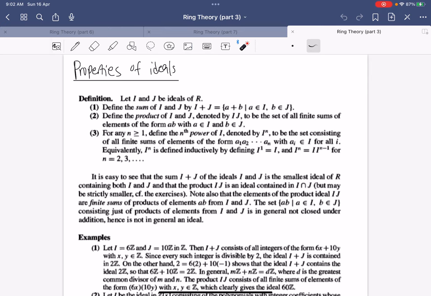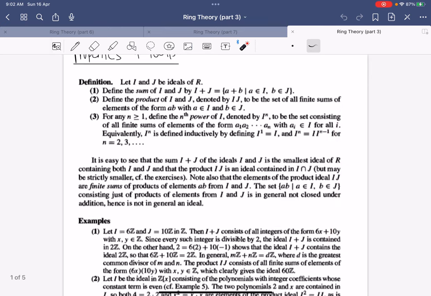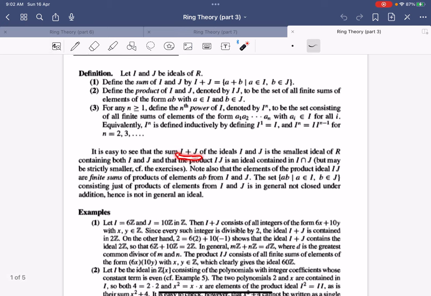So the reason why we can define all this is because it's an ideal, so it's really well defined. And we can actually see that the sum I plus J is the smallest ideal of R containing I and J, and that IJ is an ideal contained in I intersect J. And the elements of the product ideal are finite sums of the product elements ab from I and J respectively.